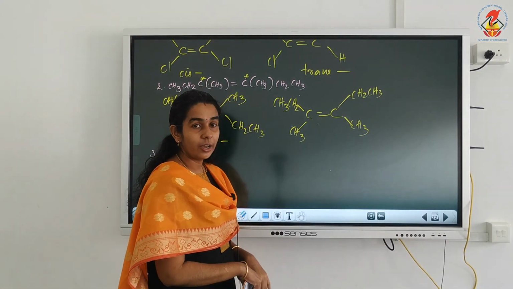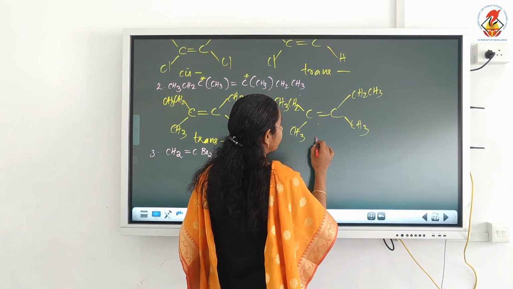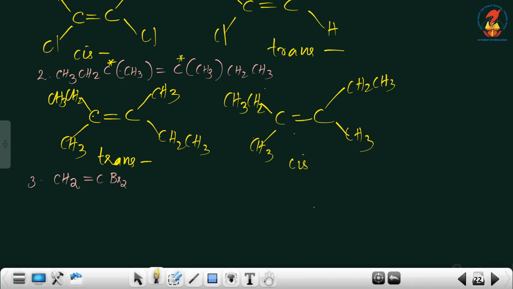Ethyl groups are also on the same side. So this will be called the cis isomer. And the name of the compound is cis 3,4-dimethylhex-3-ene.